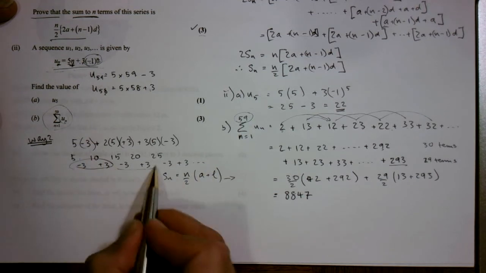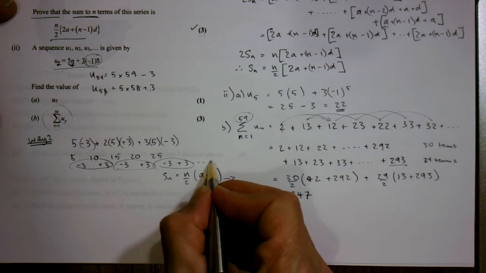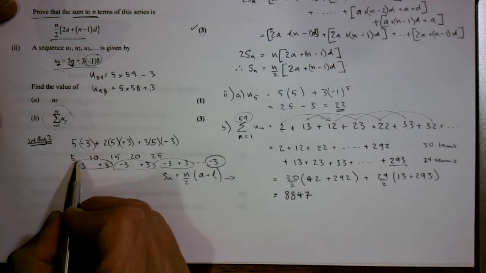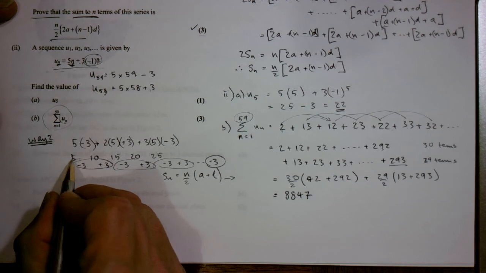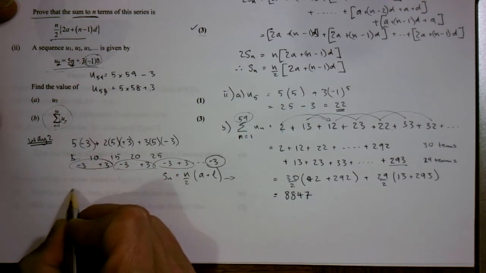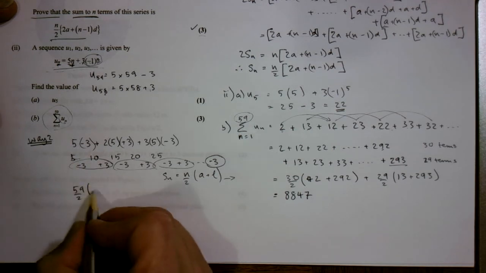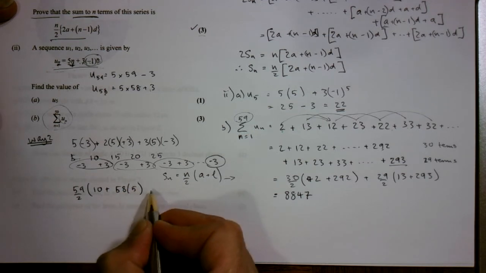So every pair of terms here adds up to nothing. My last term will be a take away 3, and that's on its own. And apart from that, I've got 59 terms starting at 5 and going up in 5s. So I've got 59 divided by 2 times 5 times 2 is 10, plus n minus 1, which is 58, lots of 5.